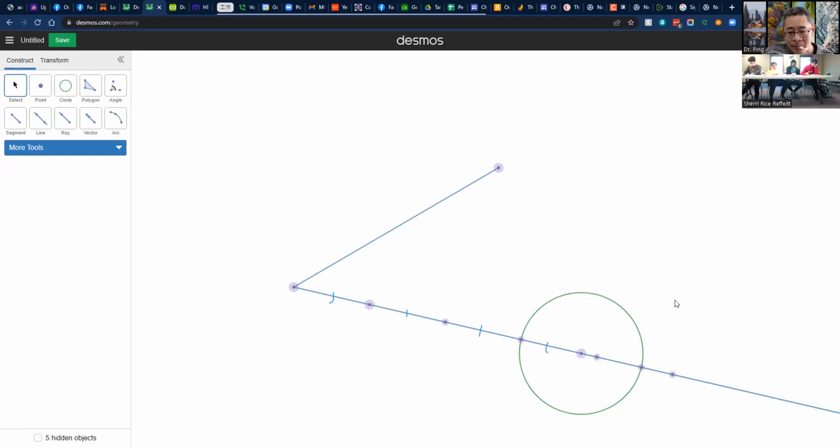Then I can get rid of this line here. Okay, so we got 1, 2, 3, 4, 5. Good.